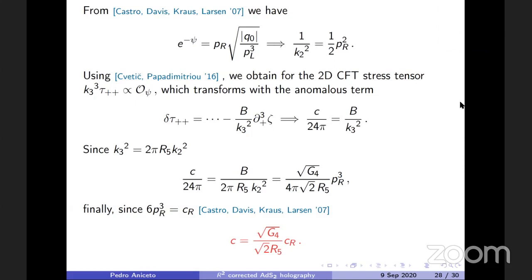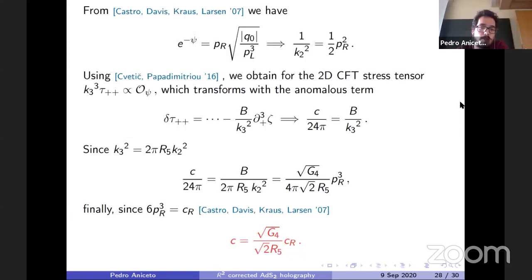I've been a bit frustrated about trying to find something that depended on the left moving part. But we also used a prescription that was bound to not find both of them, because the lift itself would always be forcing us to only capture one of them. If I recall correctly, when we use this lift, the other component of the stress energy tensor in 3 dimensions will be trivial with the data that we have from the 2 dimensions.